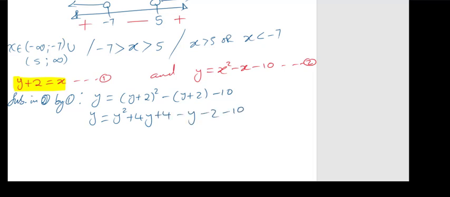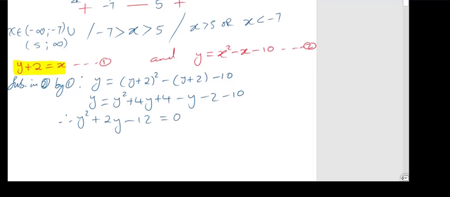Then transpose y to the right hand side, therefore you remain with 2y squared. Then 4y minus y gives you 3y, and this side is minus, with the total 2y. So you've got positive 2y, and then minus 2 minus 10 will give you minus 12 equals to 0.